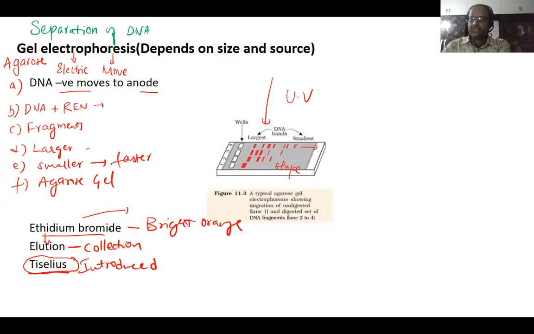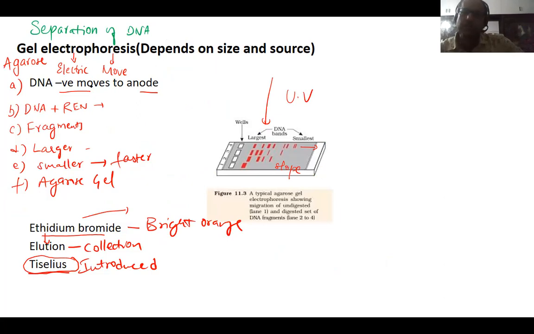Now, after this, we have to understand the concept called gel electrophoresis. So what does gel electrophoresis mean? There will be a slab, like a slope. Now we need to focus on the gene that we have taken.